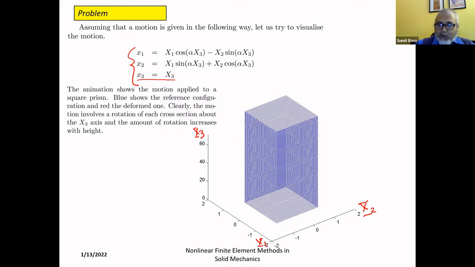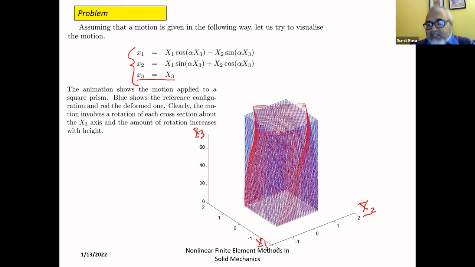So this is a deformation which will take it to something like this. Cross sections at the bottom will not rotate at all. As you go up, the rotation increases, and every cross section will remain flat and rotate by an angle that is proportional to its initial height. I did this example so that you get some practice in visualizing a motion when you see a mapping equation of this sort. That's quite important.